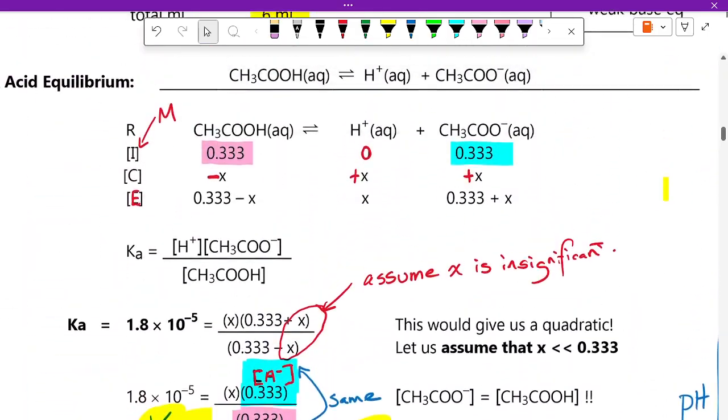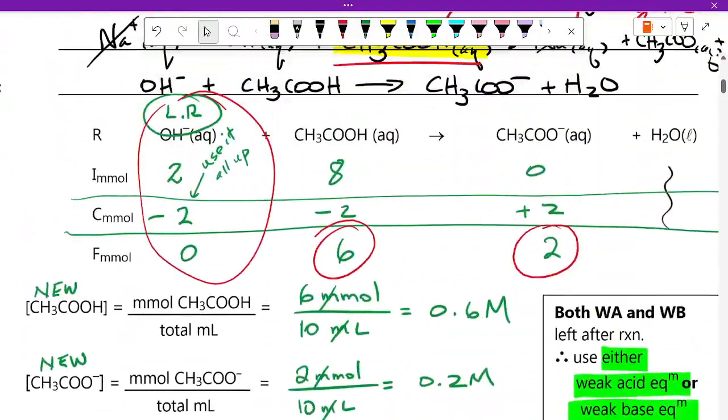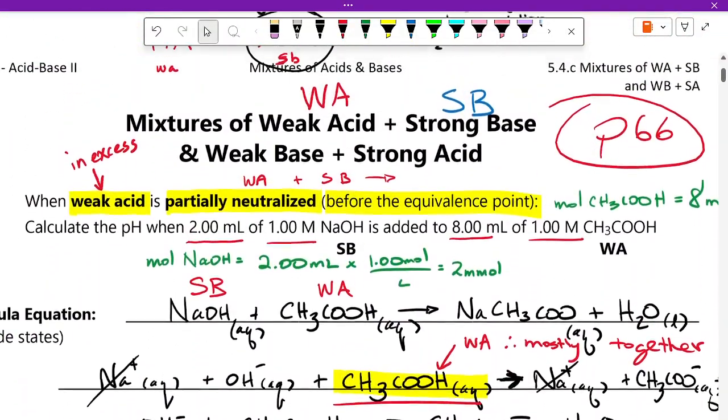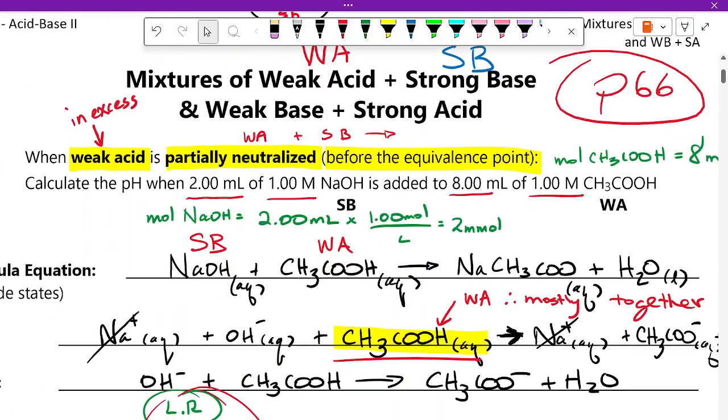Okay, because we started with, and this was yesterday, so I don't blame you for forgetting, right? This was 24 hours ago. We started with NaOH and CH3COOH. Yeah? This is a strong base. Strong base reacting with a weak acid goes to completion.